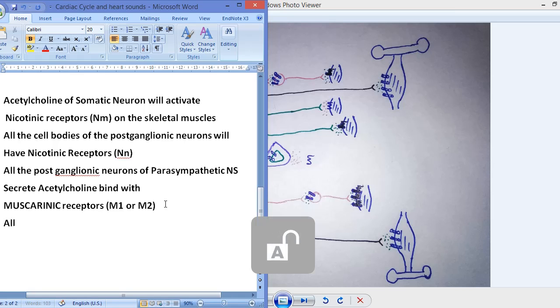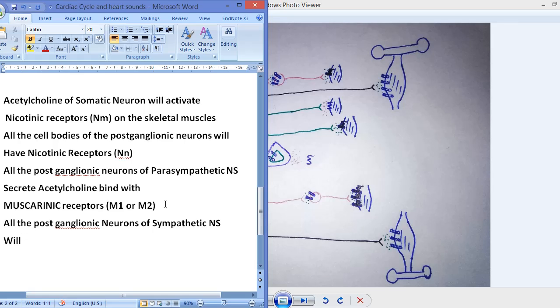All the postganglionic neurons of the sympathetic nervous system will secrete norepinephrine, except the nerve of the sweat gland, the nerve which supplies signal to the sweat gland.